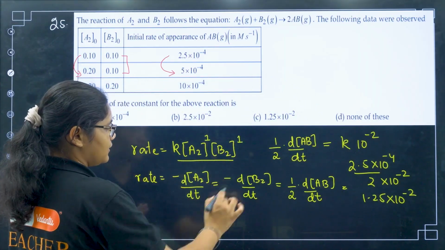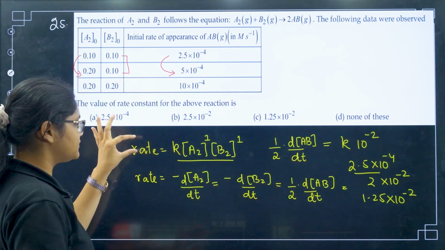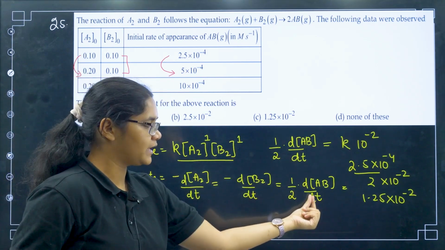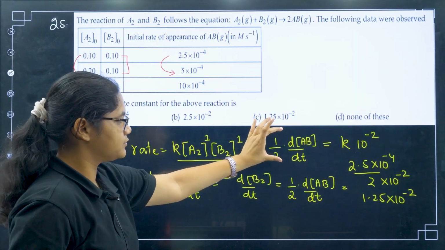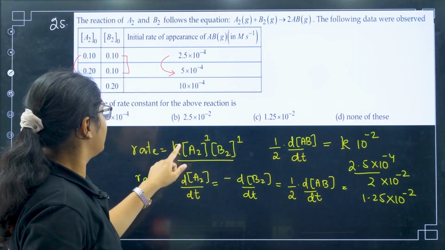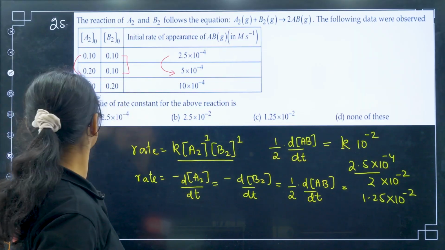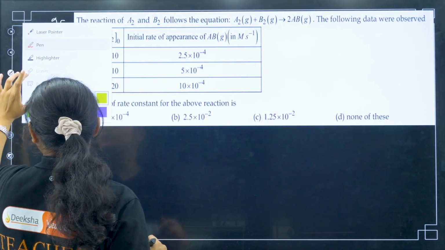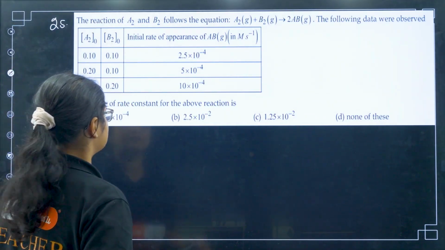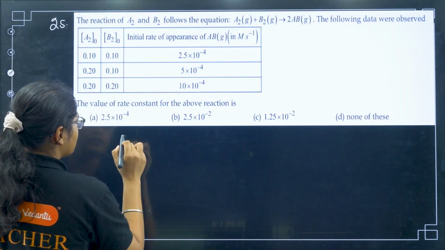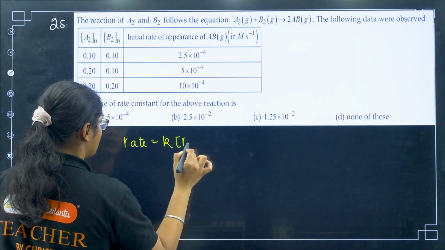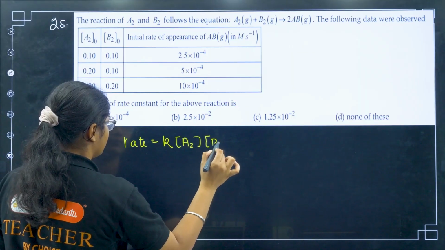Once again I want to repeat this part. So in place of rate, I am writing the value. Rate is also equal to 1 by 2 dAB by dt, right? I'll just repeat once again. See, I got rate equal to K into A2 to the n B2, right?